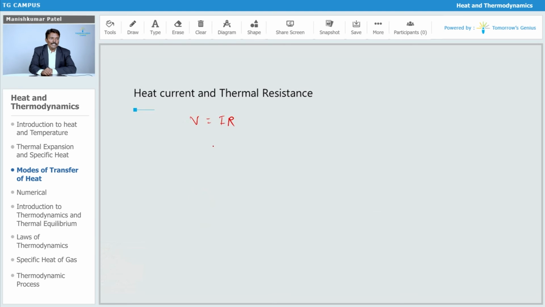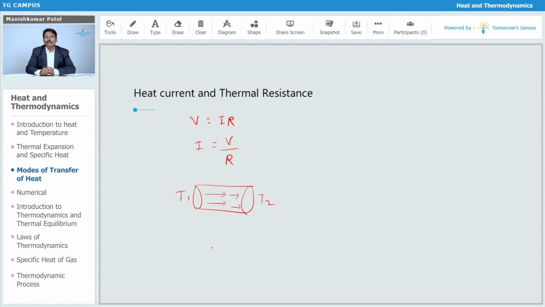For the current flowing through a conductor, I is equal to V upon R. Similarly, consider the transfer of heat from one end to the other end. Why will this heat transfer occur? Likewise, in the flow of current, if there is a potential difference between its two terminals, then there is a flow of current.